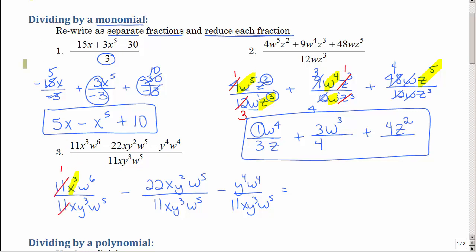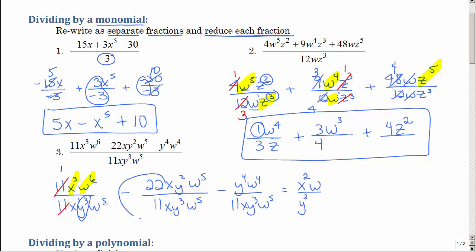I look at my x's. There's more on top, so I'm going to leave the x on top and subtract. Now, the y's, the only place they are is in the denominator, so I'm going to leave them there. On w, there's more on top, so subtract that, and you just get w to the first power.